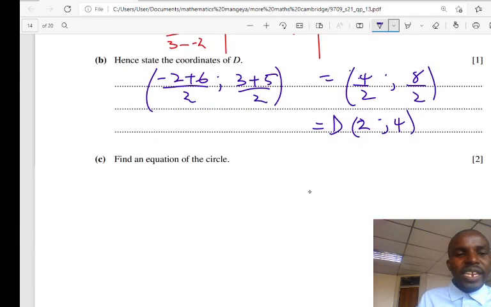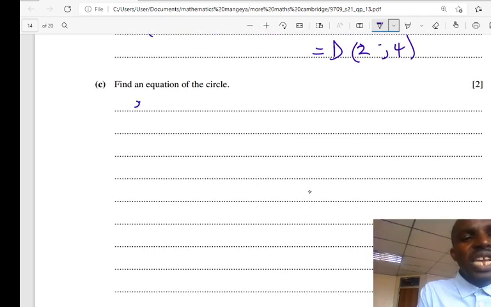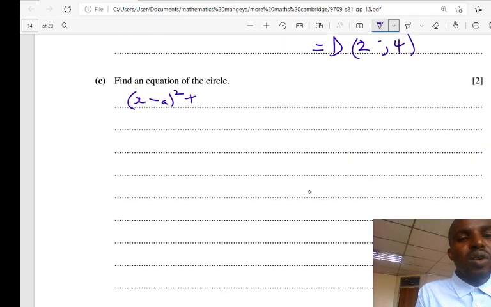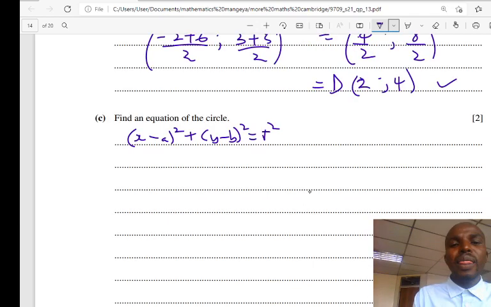Done. Next, find the equation of the circle. Equation of the circle, you say x minus a, squared, plus y minus b, squared, is equal to r squared, where a and b represent the center, right? Our center in this case is D. And the radius is the distance from the center to any point on the circumference.